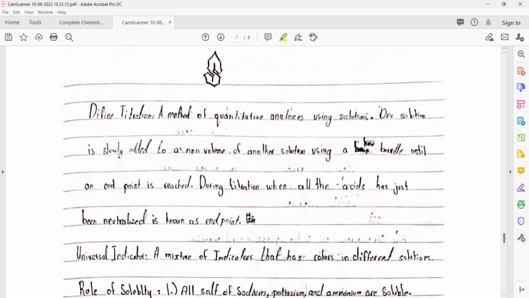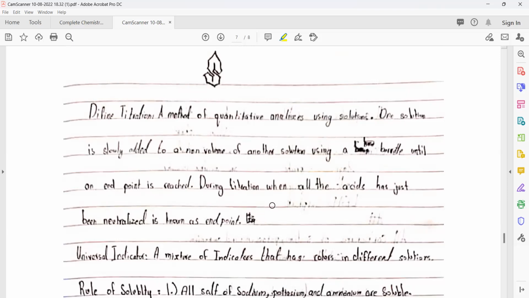Okay, so here: define titration. A method of quantitative analysis using solutions, where one solution is slowly added to a known volume of another solution using a burette until the endpoint is reached.